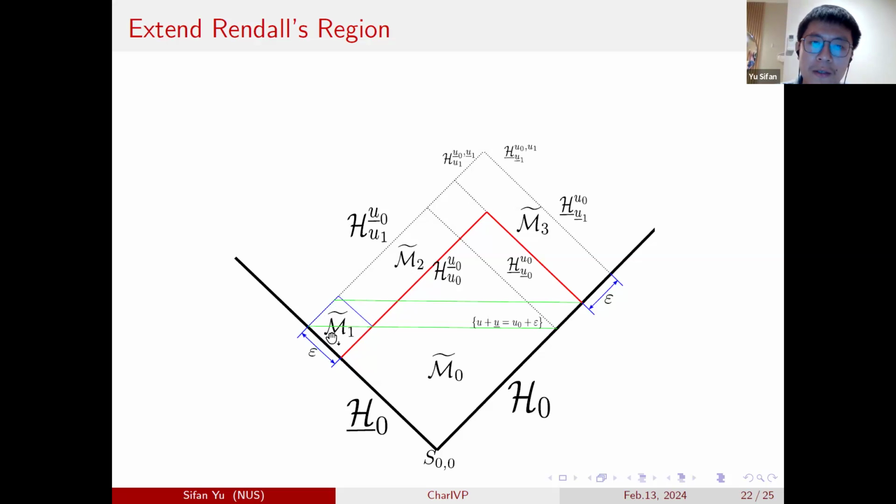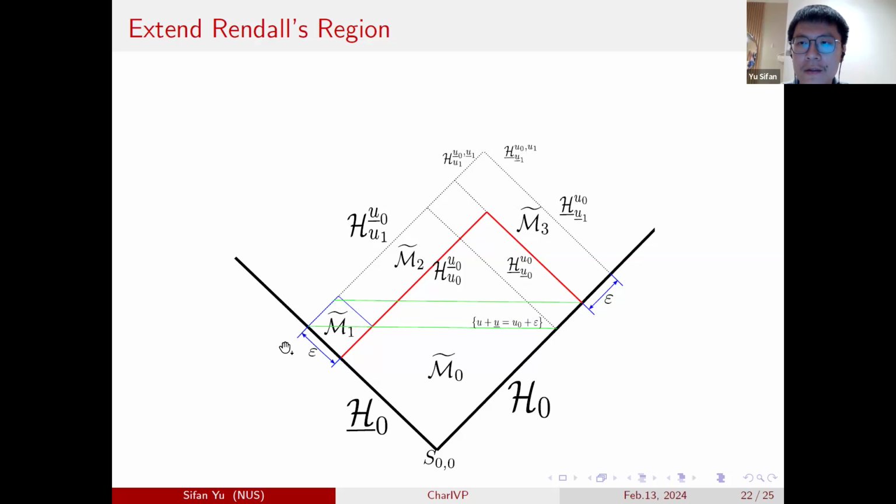So you cannot hope to just use Rendall's method to cover the whole region M2. Once I have M0 and M1, I have a space-like hypersurface, which I draw as a green line, so that I can use standard Cauchy evolution to get well-posedness on this triangle.